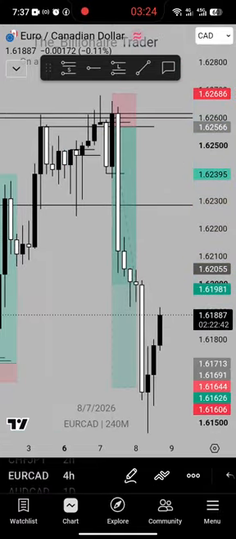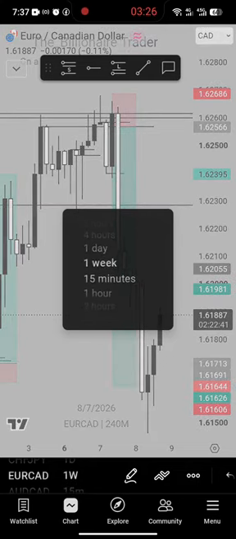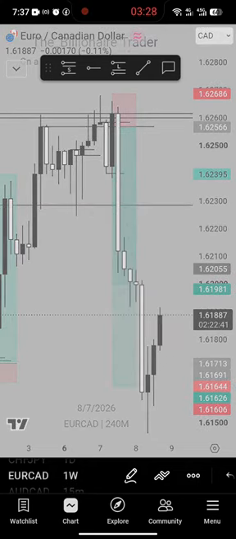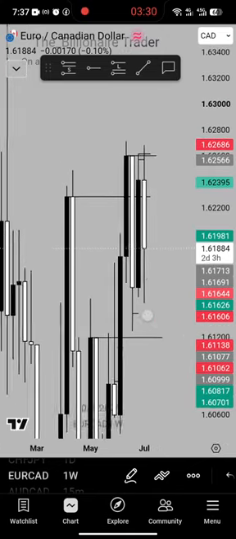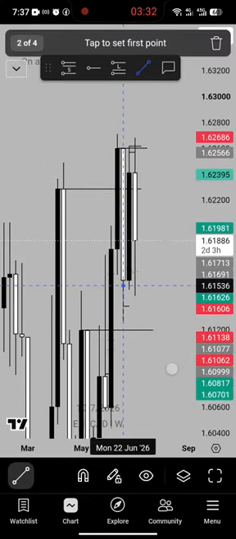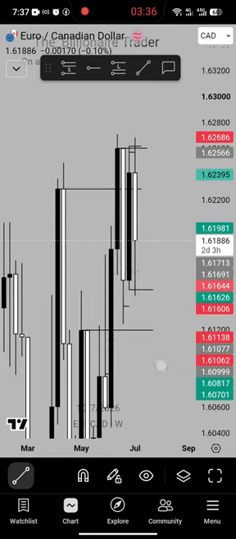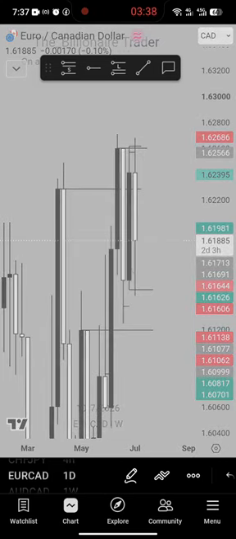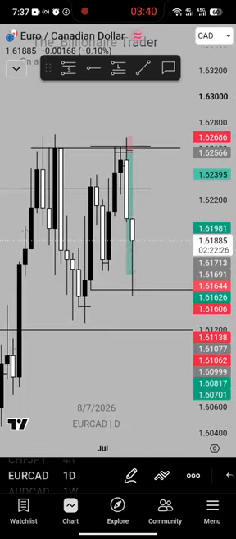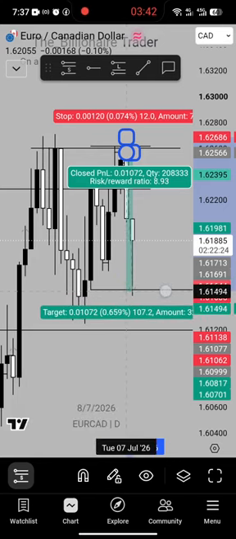Your target is actually the previous week low. The target is previous week low. That's the final target. Yes, that's the final target.